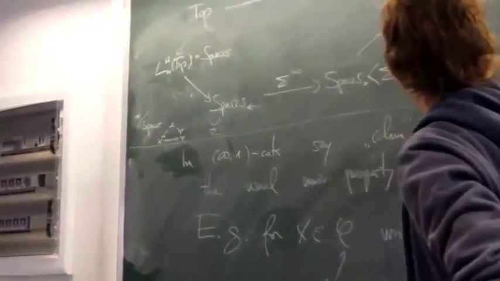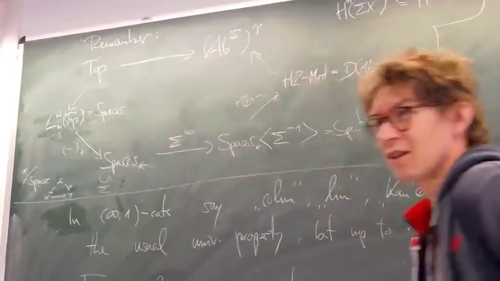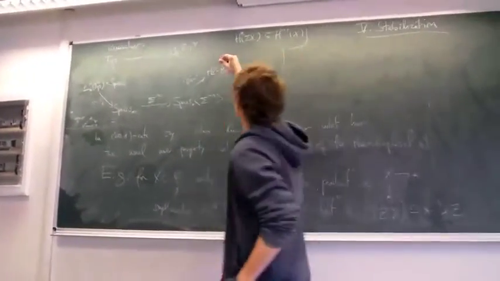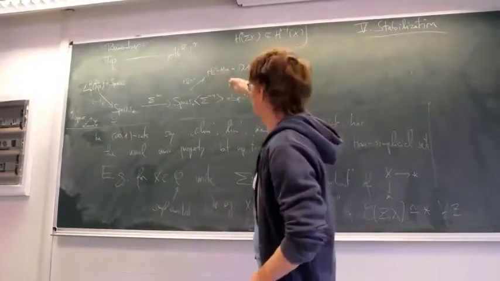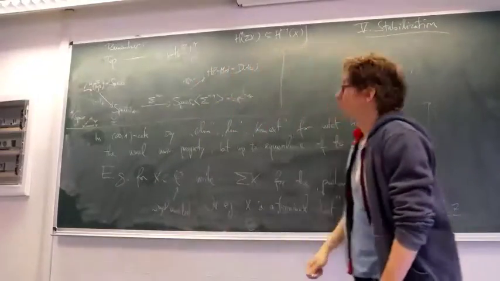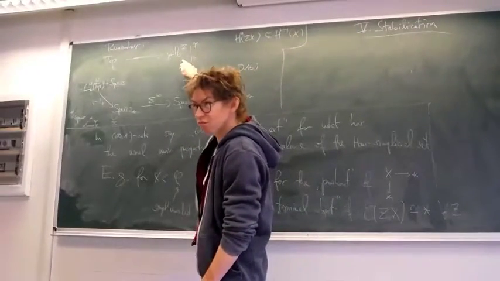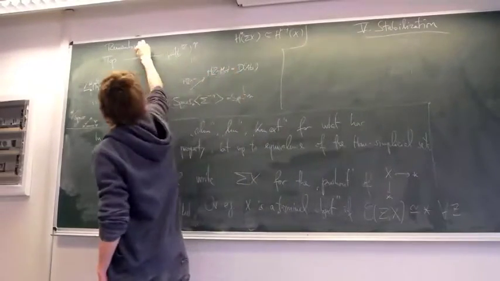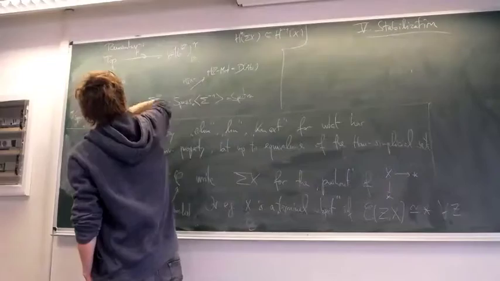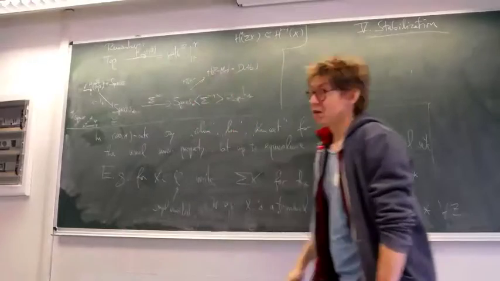Is this like tensor with HC or something? Here, yes. And the functor after that? This here is the cohomology. If I have a chain complex, for every object here I can write a chain complex as a representative and take the cohomology. And Top to Ab is like sequences of abelian groups. So what is the functor? Cohomology, singular cohomology, with coefficients in Z. Okay.